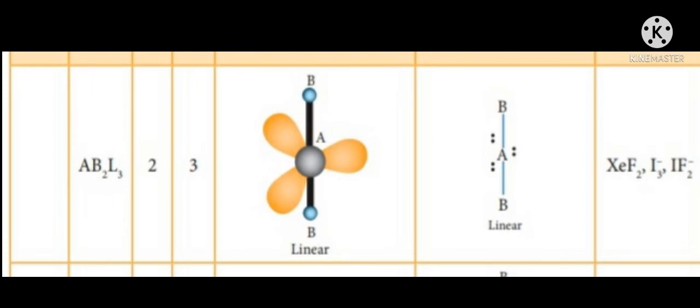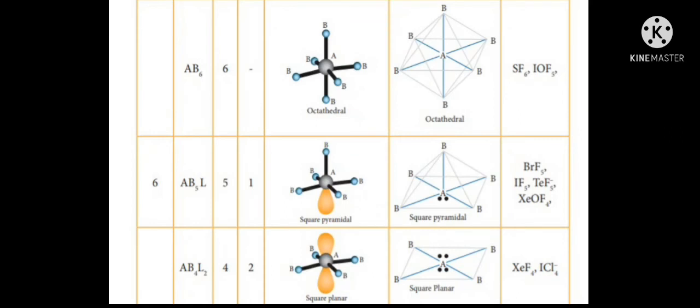The molecular geometry is shown here. XeF2, I3 minus, IF2 minus are examples for AB2L3 molecule. Next one, number of electron pairs equal to 6.